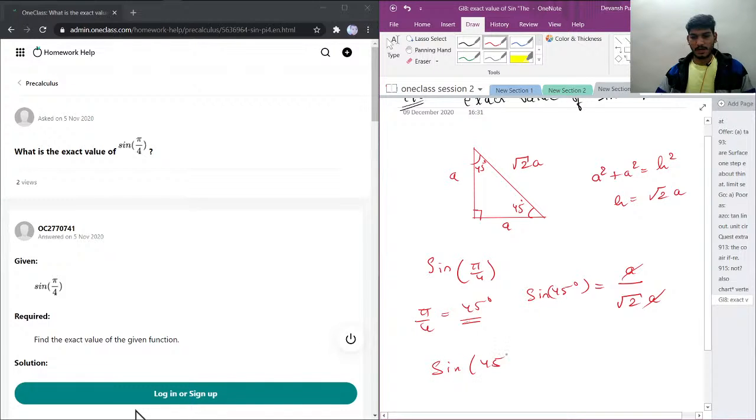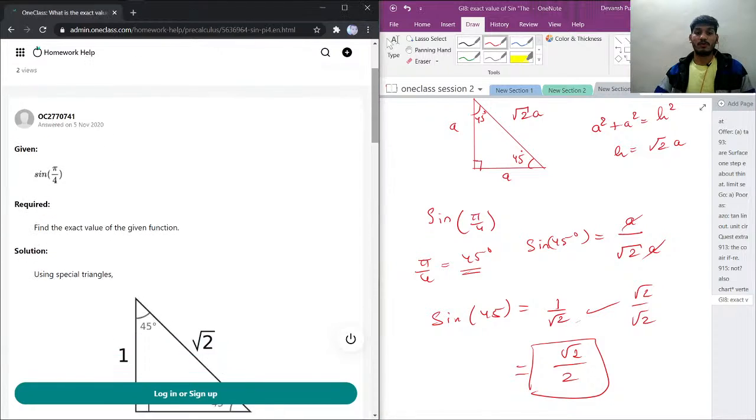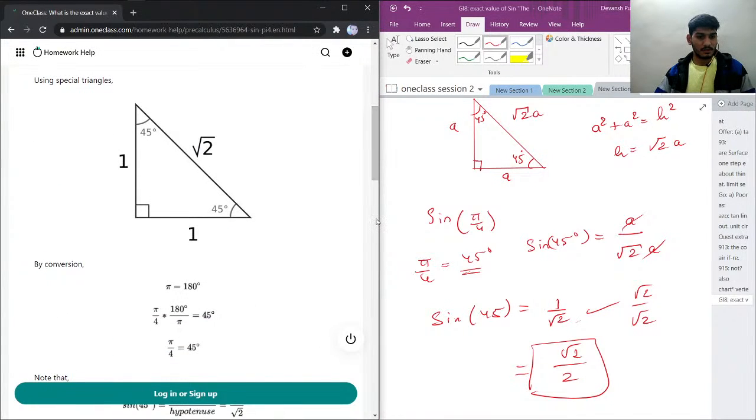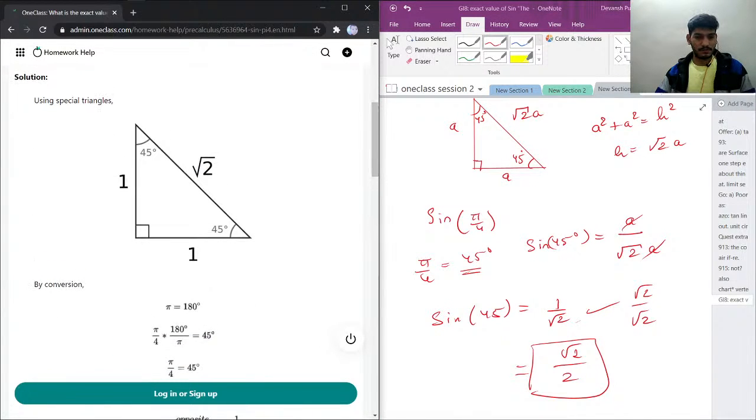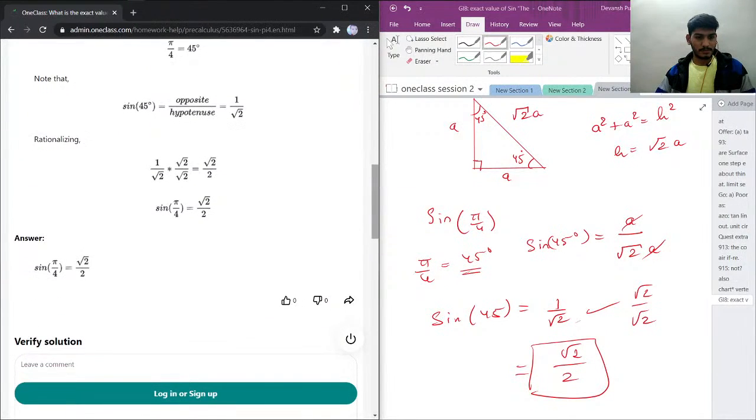So I have sine 45 as 1 over square root of 2. I can multiply both the numerator and denominator with square root of 2, and another simplified form will be square root of 2 over 2.